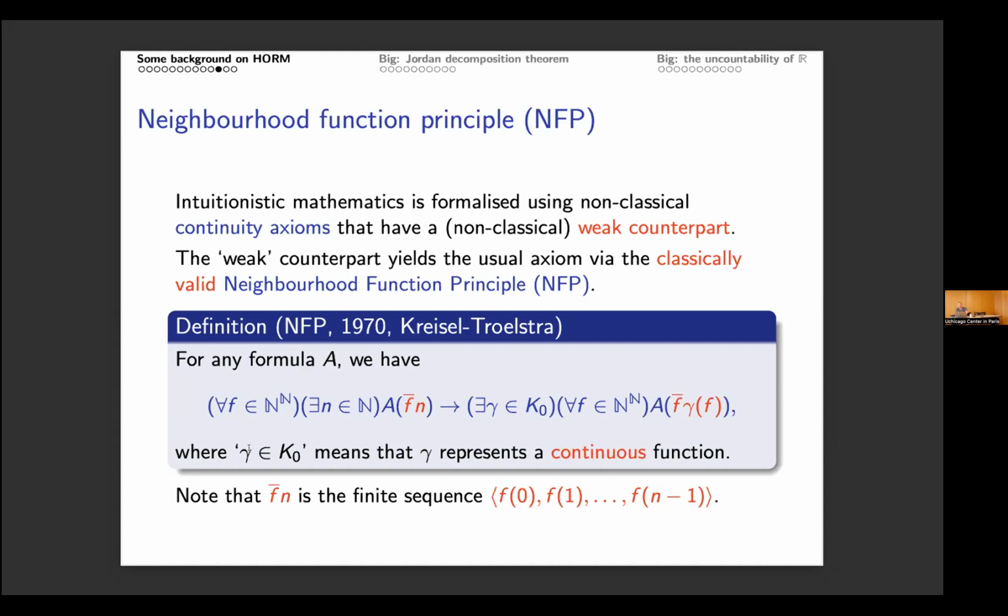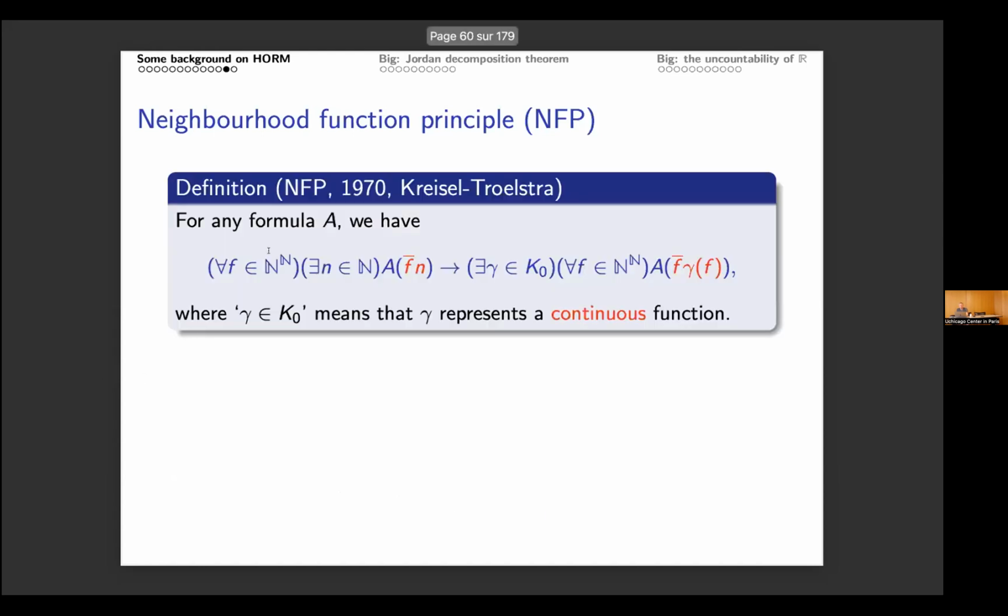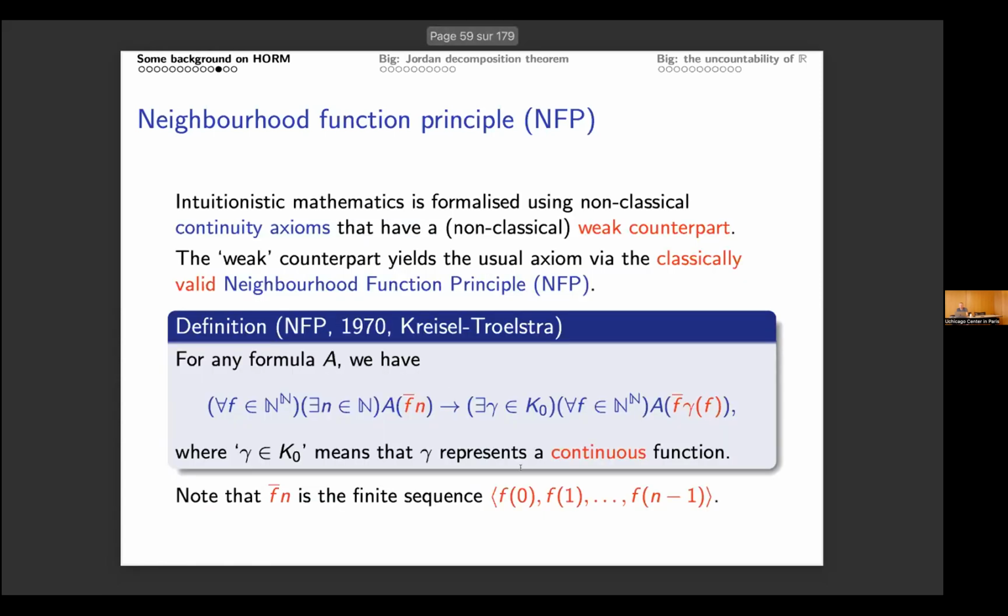But so gamma represents a continuous function, and it is a reverse math code. So it's essentially, as I've said, the axiom of choice. For all there exists, then there's a choice function. It's important to note that here f only occurs cut off at n. That's why you can have a continuous choice function. Otherwise, yeah, things would be non-classical. So this is NFP, some fragment of the axiom of choice with a continuous choice function.